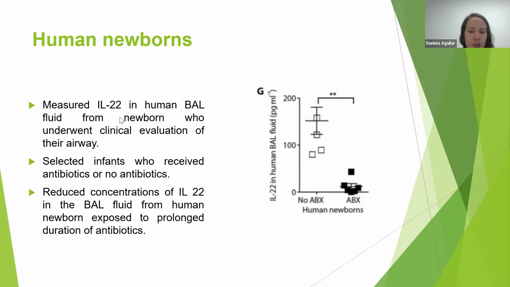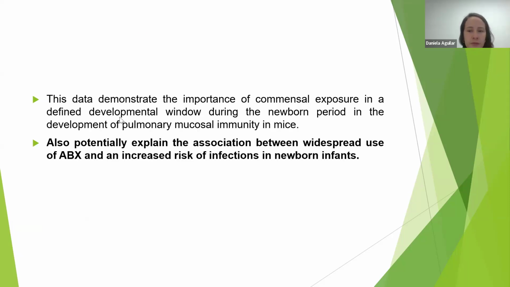They confirmed the previous observations, finding reduced concentration of interleukin-22 in the BAL fluid from human newborns exposed to prolonged duration of antibiotics. These data demonstrate the importance of commensal exposure in a defined developmental window during the newborn period in the development of pulmonary mucosal immunity in mice. They also potentially explain the association between widespread use of antibiotics and an increased risk of infections in newborn infants.